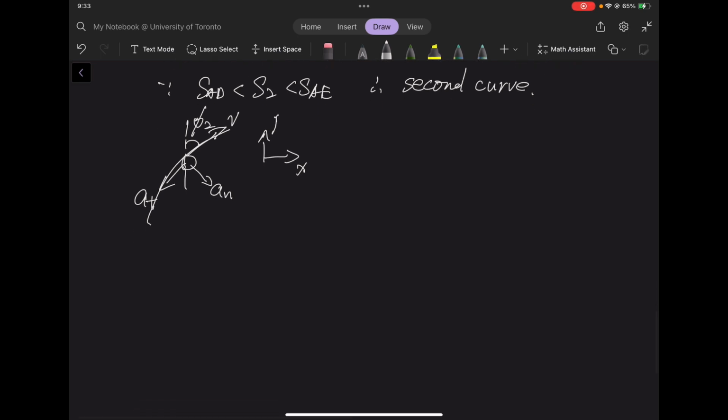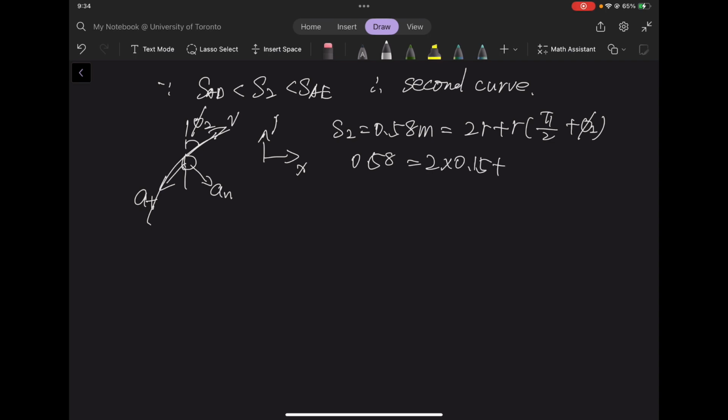Again, we need to use C2 to transfer it back to the Cartesian coordination. So S2 is equal to 0.58 meter, which I got before. 0.58 is equal to 2r plus r pi over 2 plus C2, which is 2 times 0.15 plus 0.415 4 plus C2.